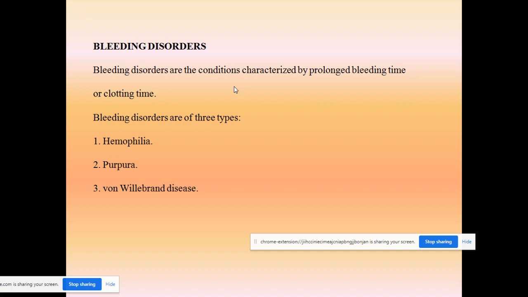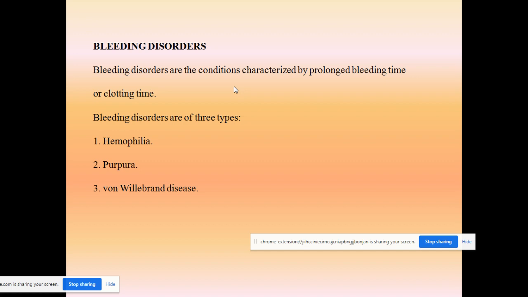If it happens in the tubes, what will happen? As the fetus grows in size, the tube will rupture. Appendicitis is the same. When it grows bigger in size, it will rupture, leading to internal bleeding. Okay, so all these are some conditions.